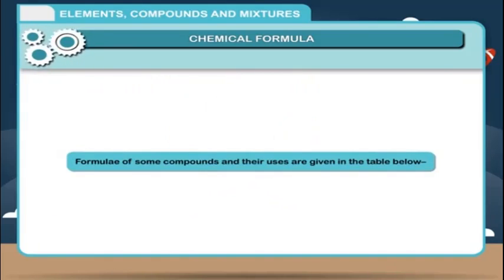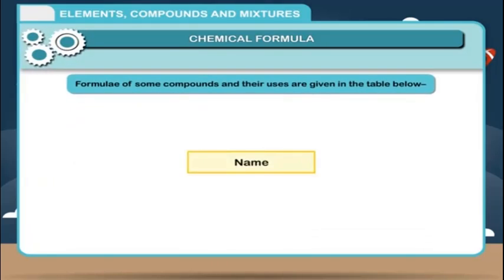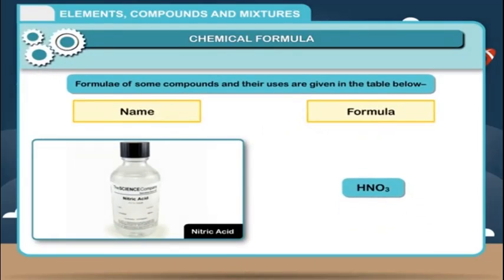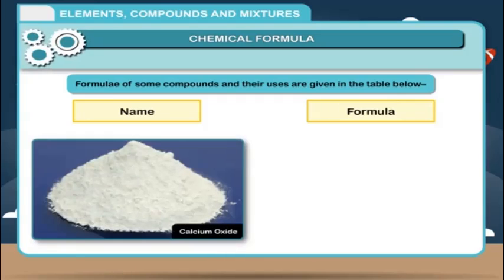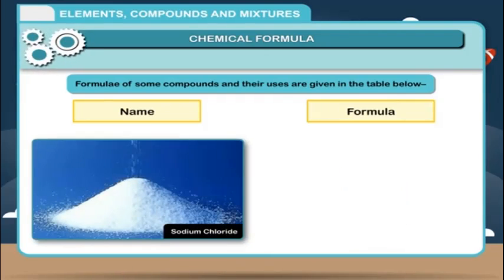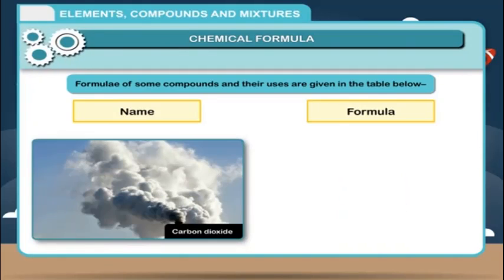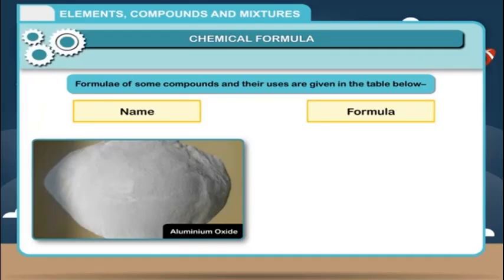Formulae of some compounds and their uses are given in this table. Name, formula: nitric acid, HNO3, calcium oxide, CaO, sodium chloride, NaCl, sodium hydroxide, NaOH, carbon dioxide, CO2, aluminium oxide, Al2O3.